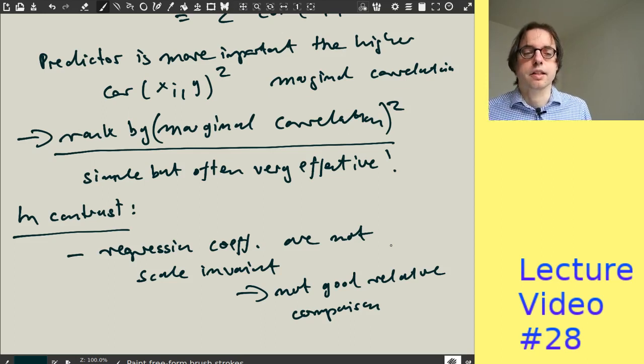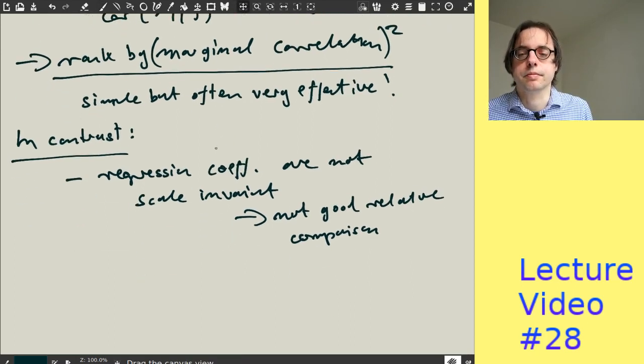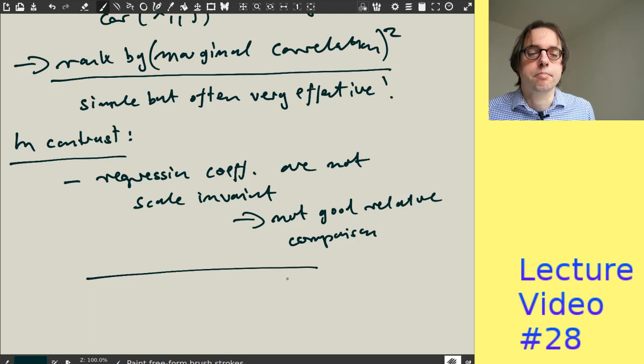So there's one major contender for variable selection that is more widely used than marginal correlation, and this is the so-called regression t-scores, and they are in fact linked to partial correlation, and this is what I will explain now.